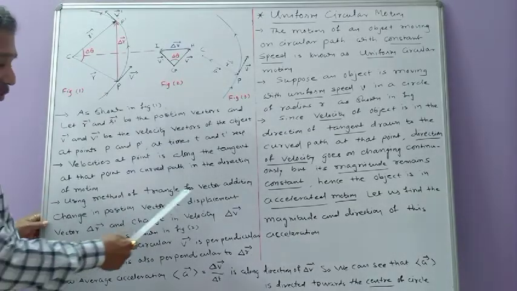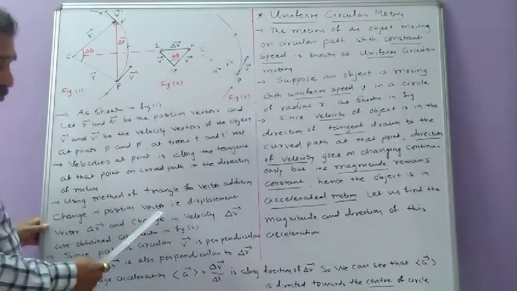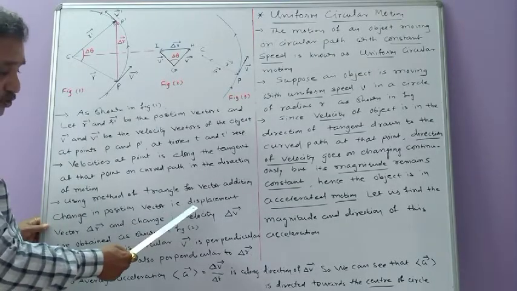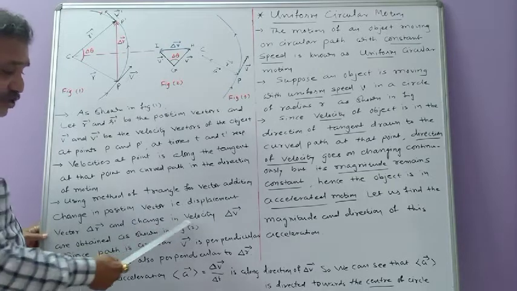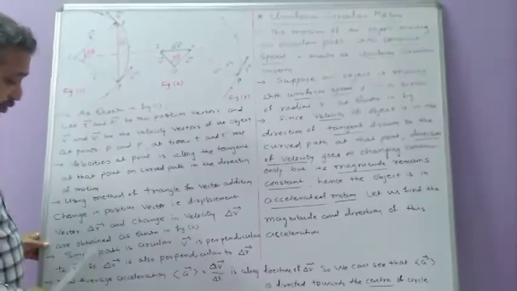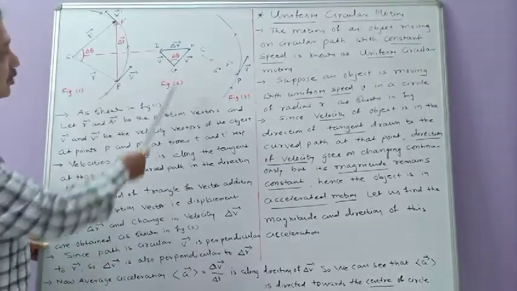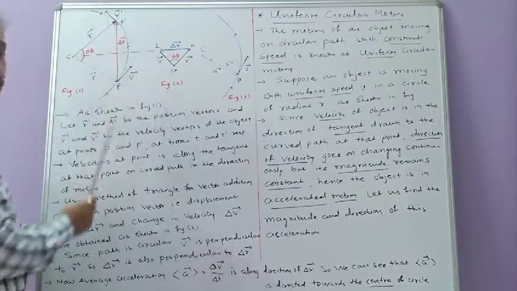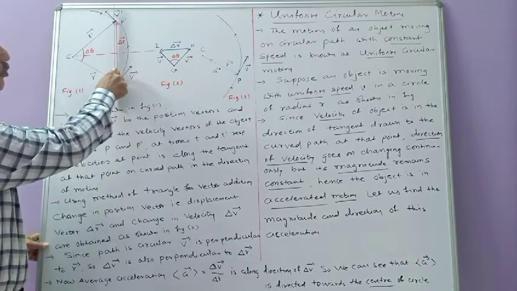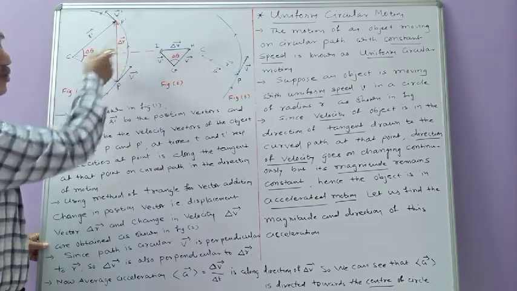So using the method of triangle for vector addition, the change in position vector, which you know is known as the displacement vector delta r, and the change in velocity vector delta V are obtained as shown in the figure. So delta V is in this direction, delta r is in this direction. How are they located? You can see from the diagram, they are perpendicular to each other.